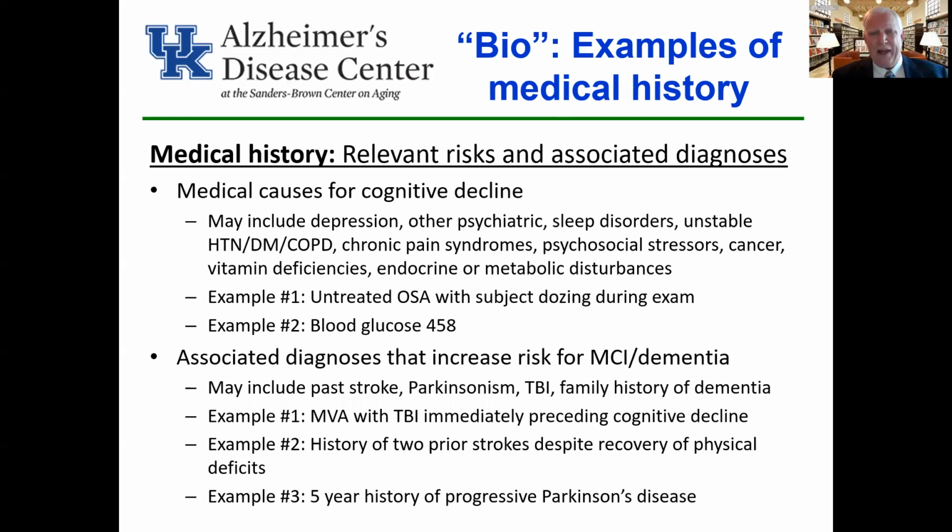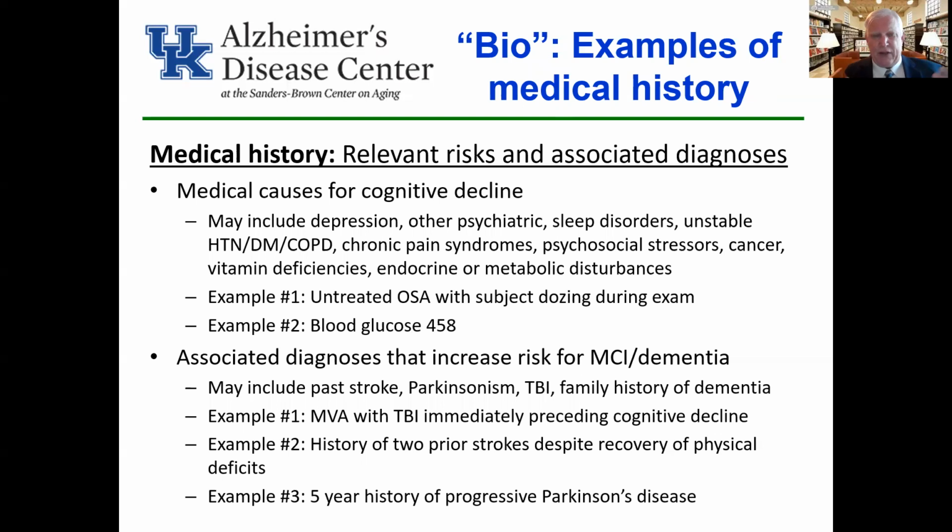This may well be somebody who is not in the early stages of a degenerative process, but instead needs their medical problems corrected. We might also have associated diagnoses that are risk factors for MCI and dementia. These could include past stroke, Parkinsonism, traumatic brain injury, strong family history of dementia. So again, a few examples.